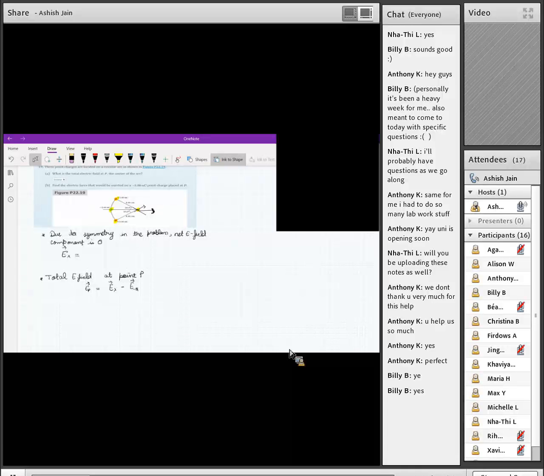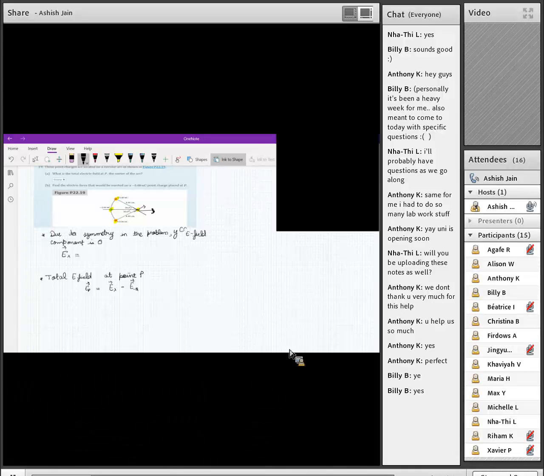So due to symmetry, the Y component of the E field is 0.